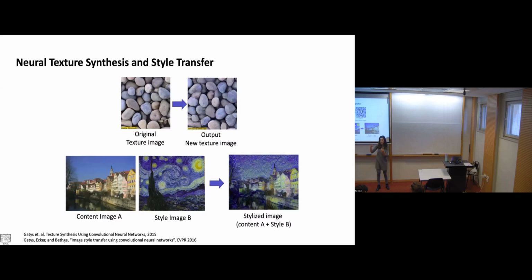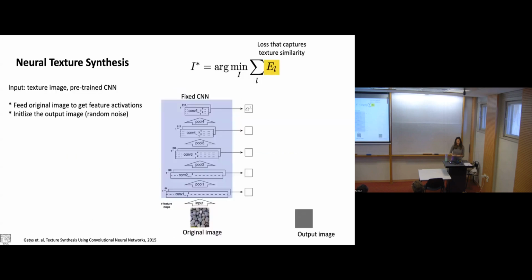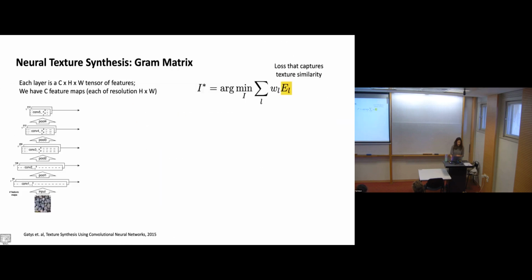The statistics or the characteristic of the texture should be maintained for each window that I will take from this image, right? So that's why second-order statistics on some features that are extracted from these images is a sensible choice. And the way we're gonna do this more concretely is as follows.